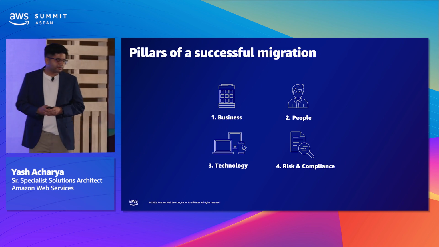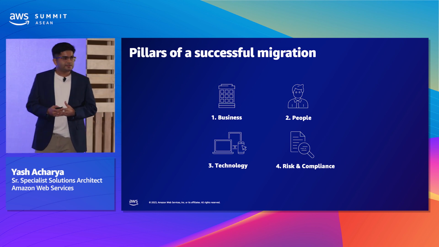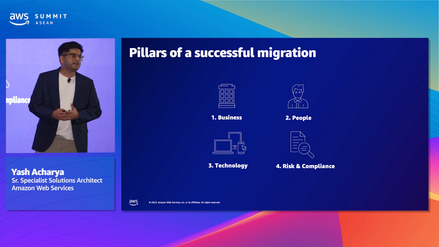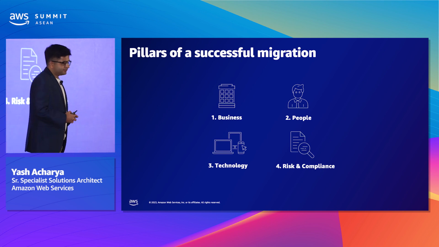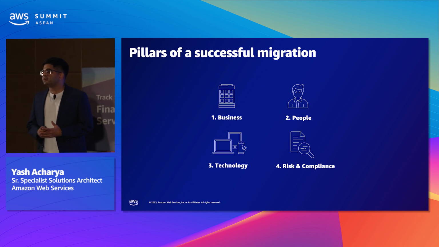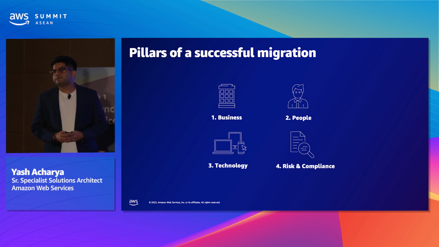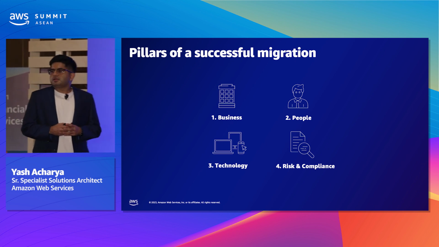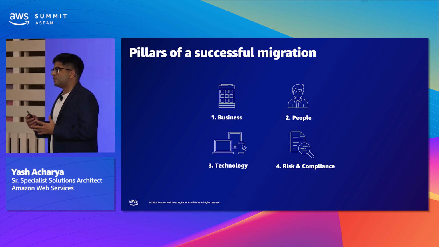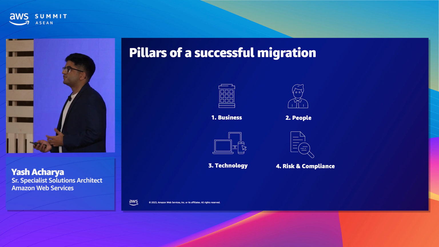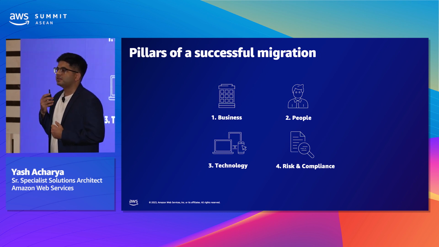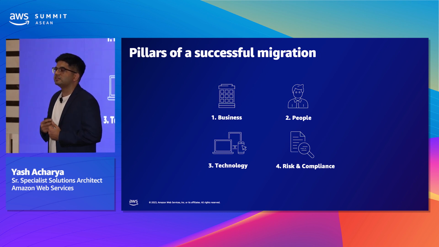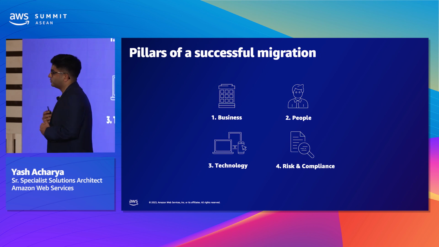Lastly, I would like to talk about risk and compliance. As we all know, FSIs are heavily regulated, right? And for that particular reason, this pillar becomes very, very important. Security teams and risk teams within the FSI should be involved in the transformation journey from the word go.